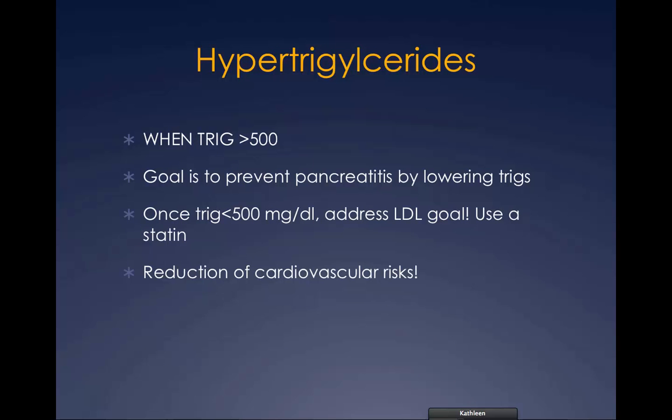High triglycerides. When triglycerides are greater than 500, the goal is to prevent pancreatitis by lowering the triglycerides. Once triglycerides are less than 500, you want to address the LDL goal and use a statin. We want to reduce cardiovascular risk.